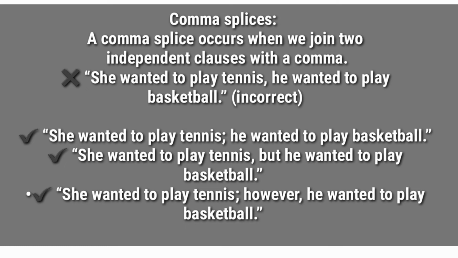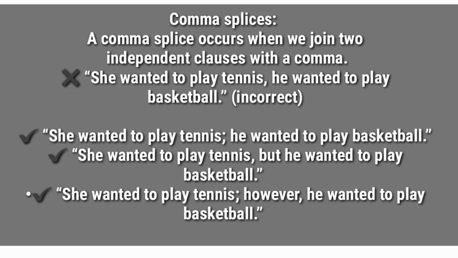A comma is not strong enough to separate two independent clauses on its own. For example, she wanted to play tennis, he wanted to play basketball. It's incorrect. Luckily, the mistake is easy to correct using any of the methods for forming compound sentences that we described earlier.